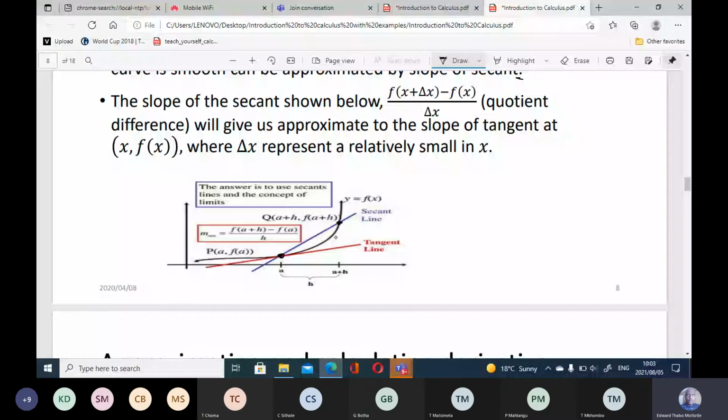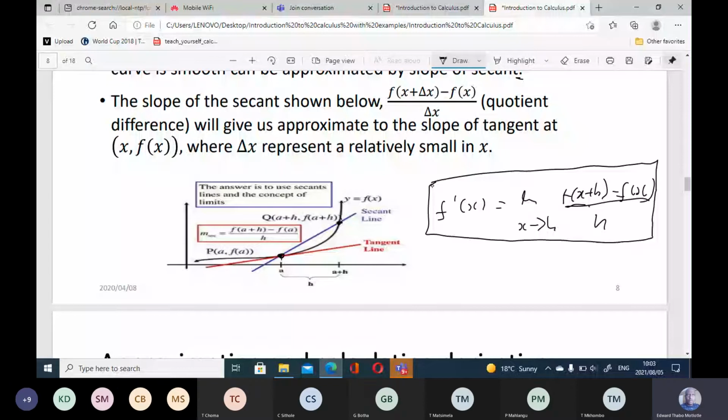This point here is our P, and this point is our Q. So like I said, we'll end up with f prime of x equals the limit as h approaches 0 of f(x plus h) minus f(x) all over h. Now, because we know this equation for calculating the limit, we'll first use this equation, which is called the first principle, to calculate our derivative, and then we move to the standard derivatives.